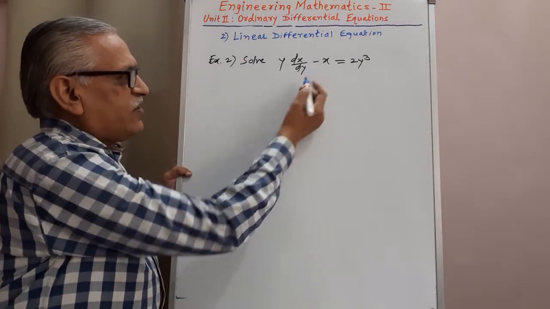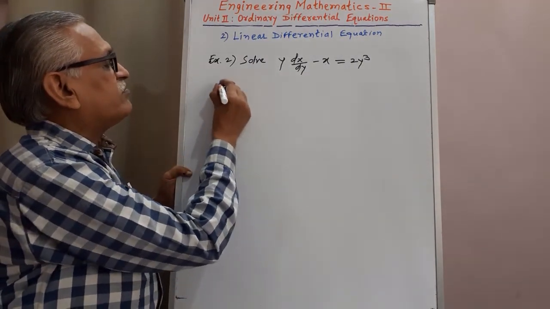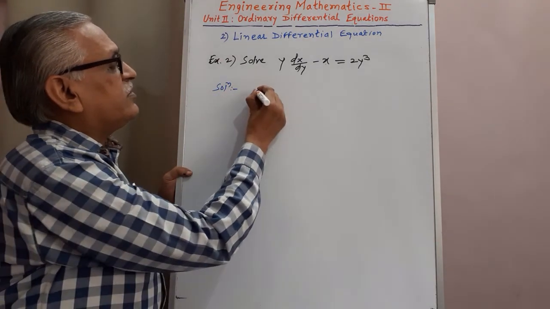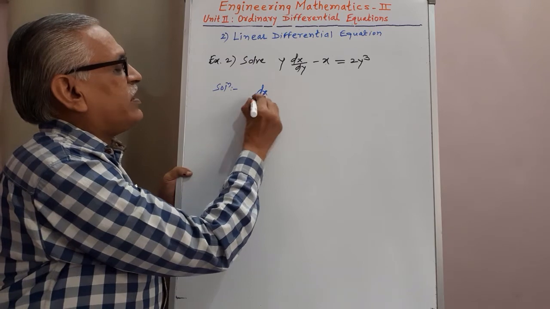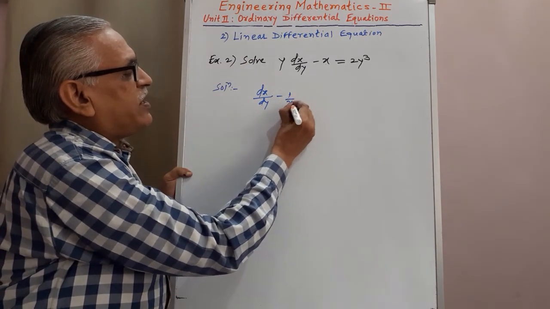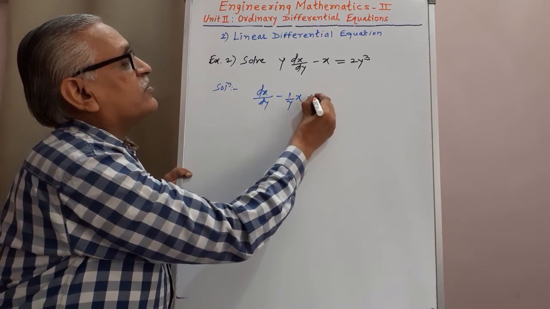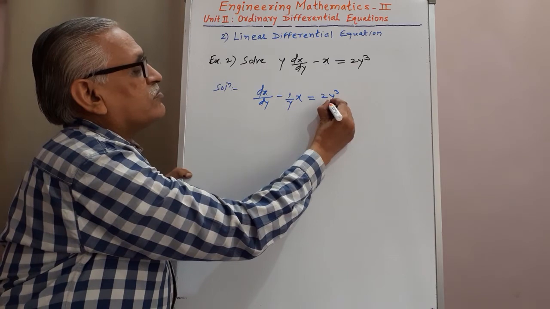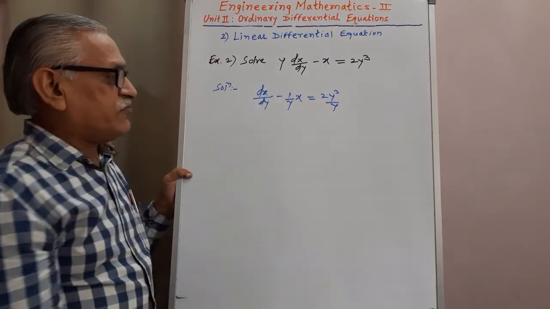Therefore, dividing by y throughout, we get dx by dy minus 1 by y into x is equal to 2y cube divided by y.